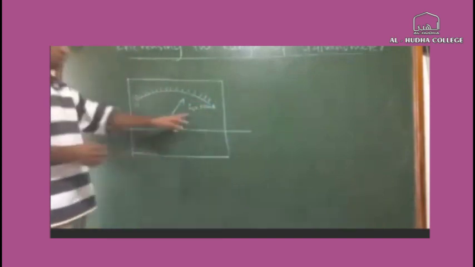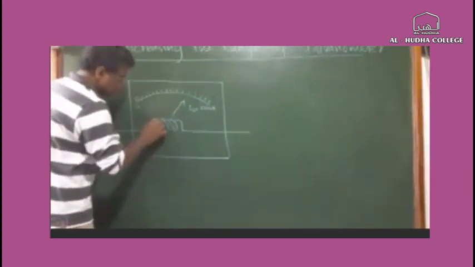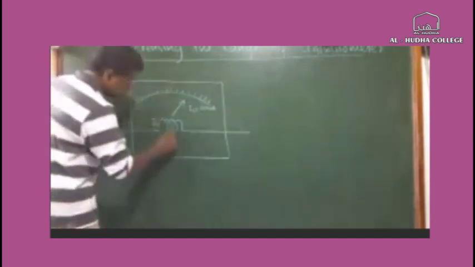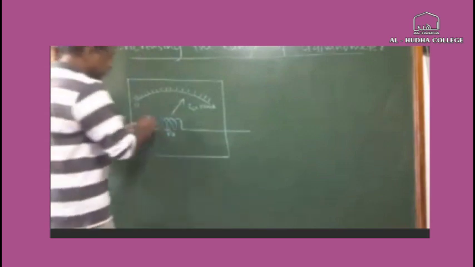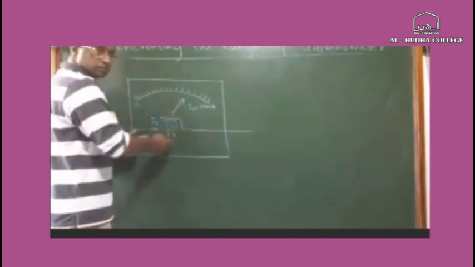The galvanometer current, IG, and the resistance is RG. Now this is the current that this coil can withstand.